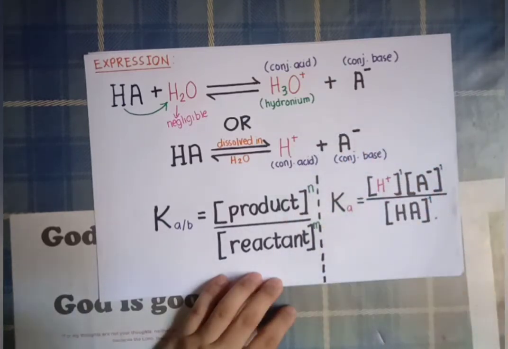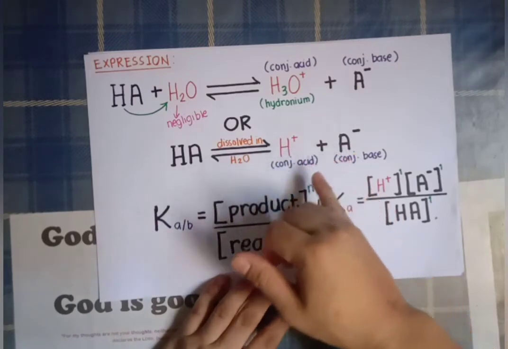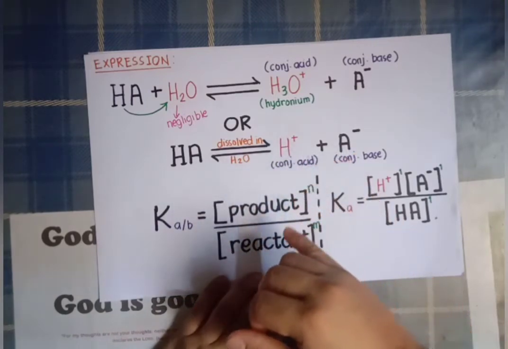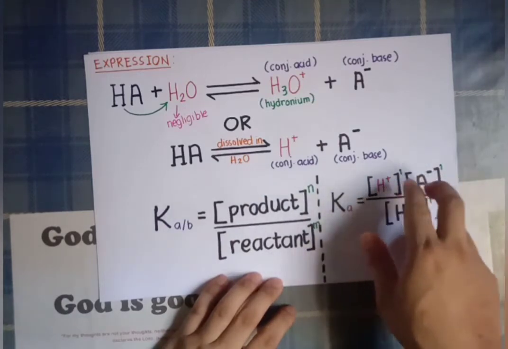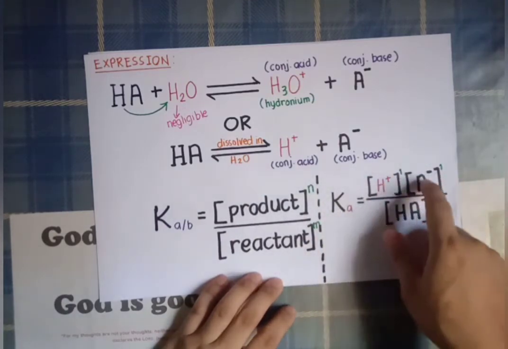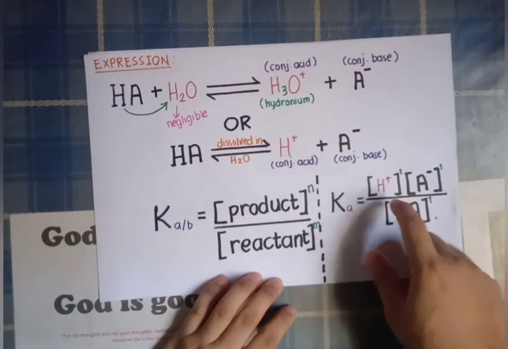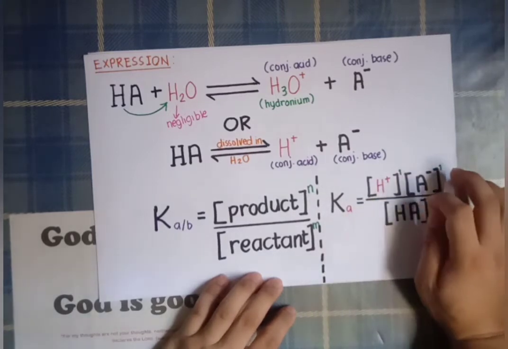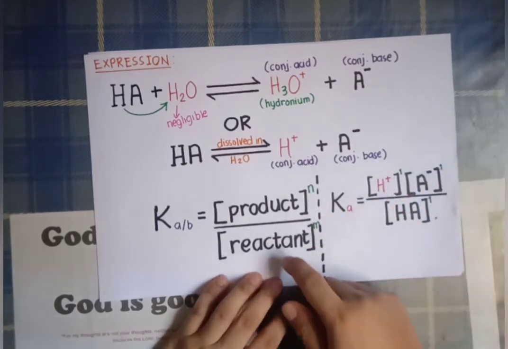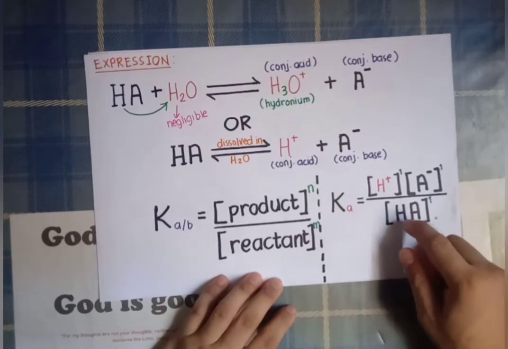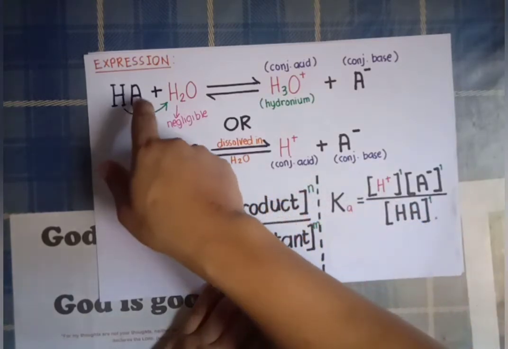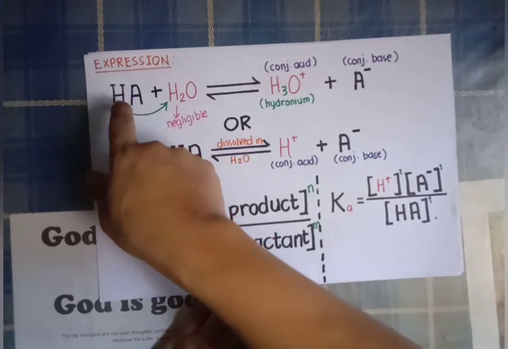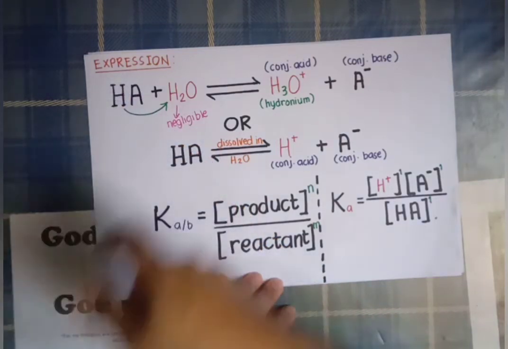Now, take note that both H and A here are our products. So they are both found at the numerator side, and they are actually multiplied, not added to each other, over the molar concentration of reactant. In this case, the reactants originally are the acid, the parent acid, and water.